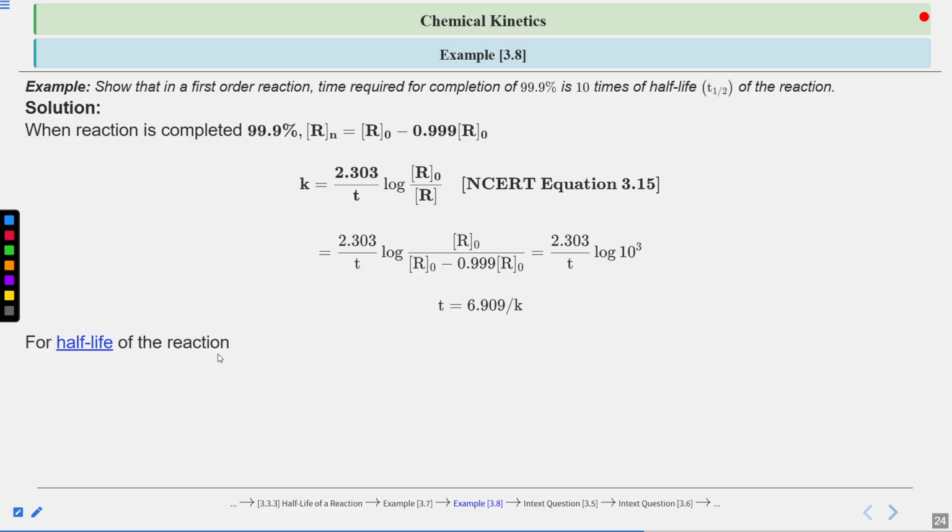Now for the half-life of the reaction, we have given that the time which is required for the completion of 99.9% is 10 times the half-life.